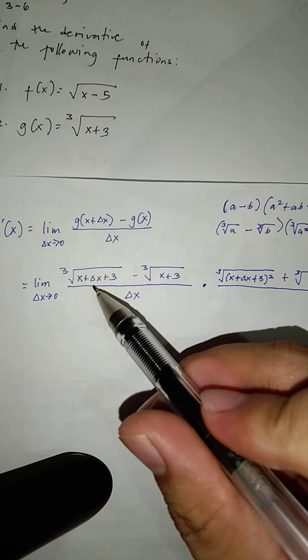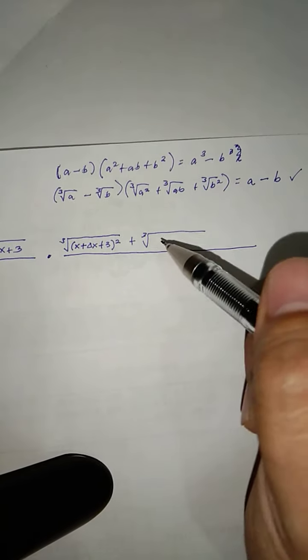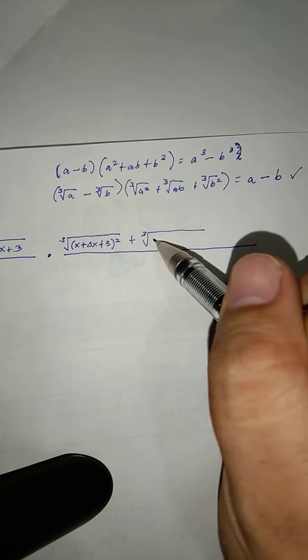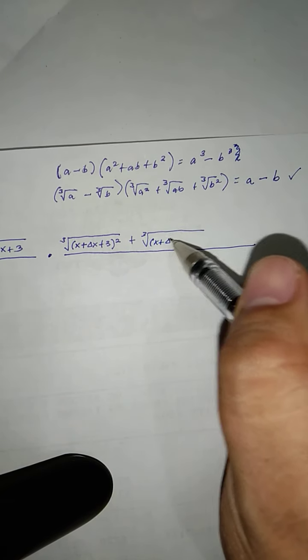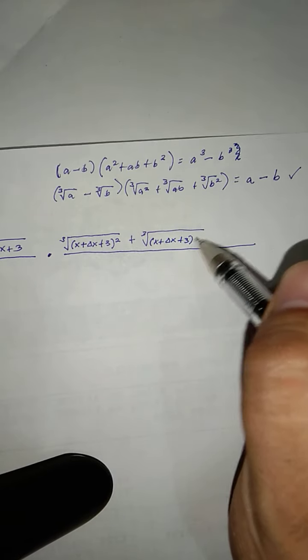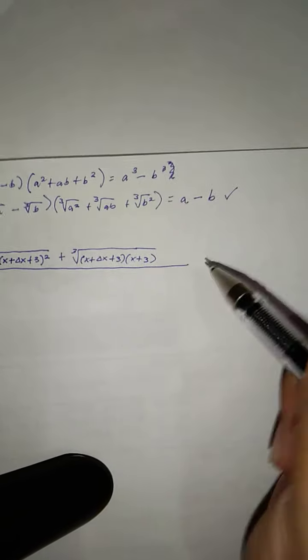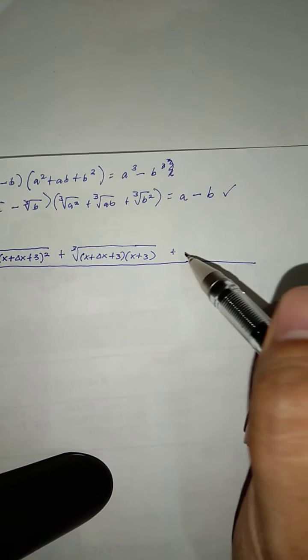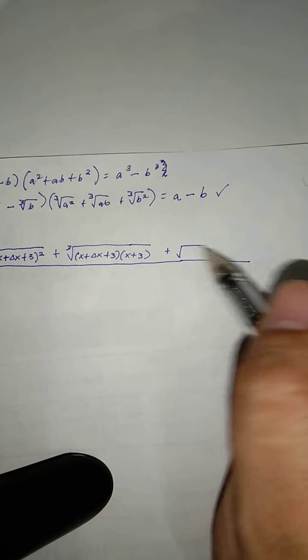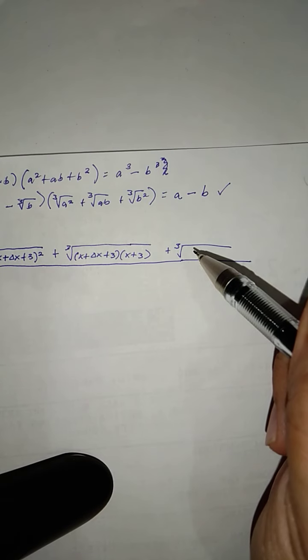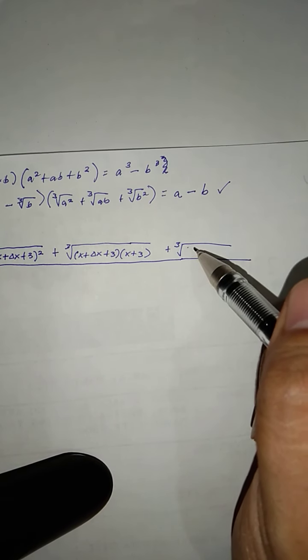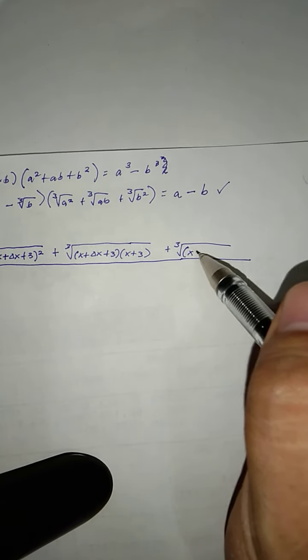This one is a and this one is b, so we will multiply those two expressions inside. We have x plus delta x plus 3 times x plus 3, plus cube root of, okay, this time we have b squared, so you have x plus 3 squared.